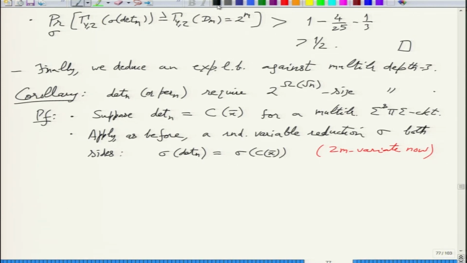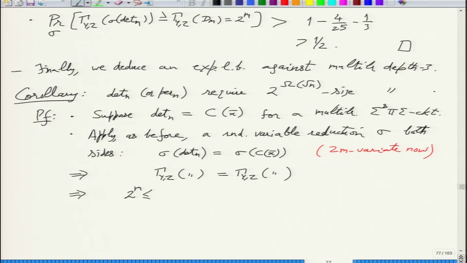And then you apply the measure both sides. On one hand you will see that gamma of determinant, in the probabilistic space of choices, is with high probability 2 raised to m.